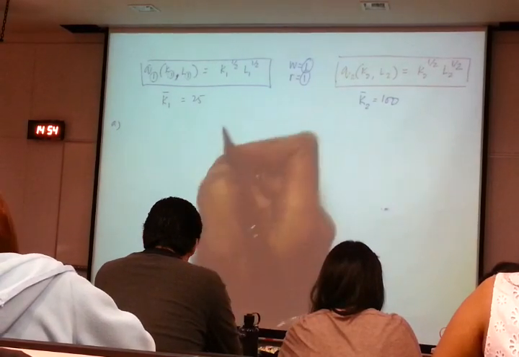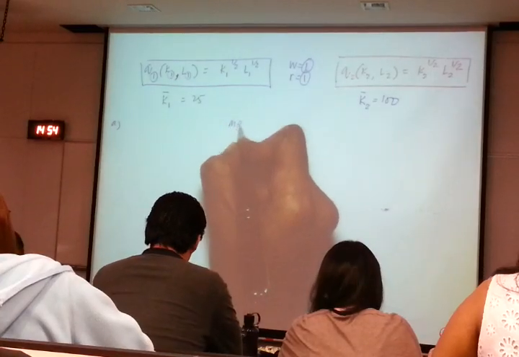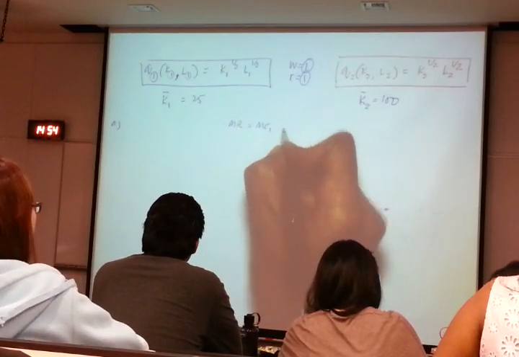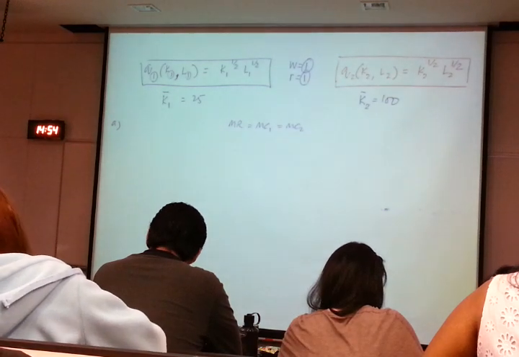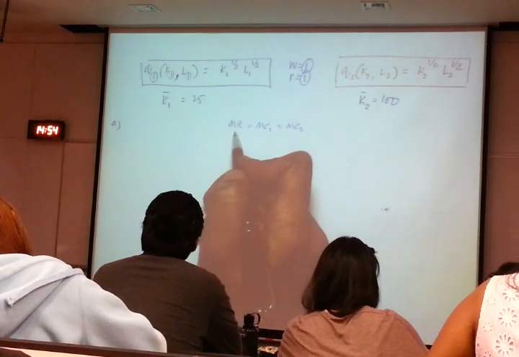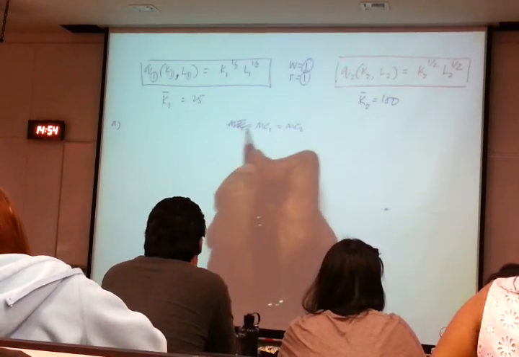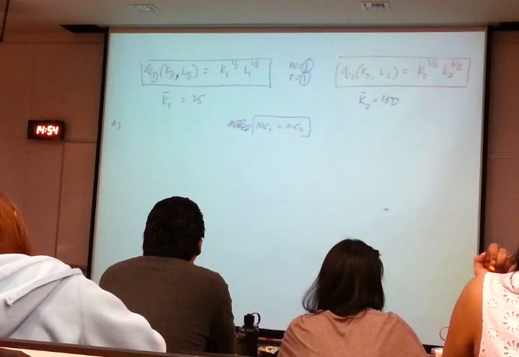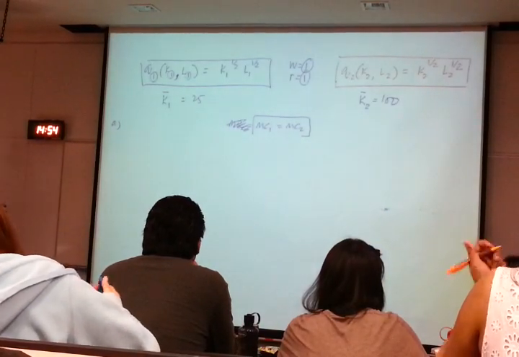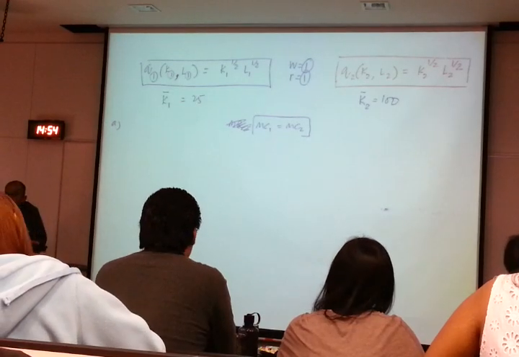You know that 2 plants means I am looking at MR equal to MC1 equal to MC2, this condition, optimal division of output between 2 plants. Demand characteristics are not given to you, so you don't have access to MR. So you cannot determine how much output is profitable for the firm to produce overall.